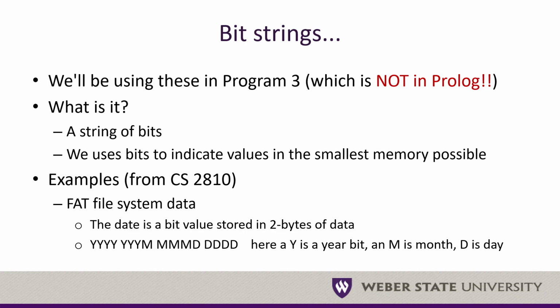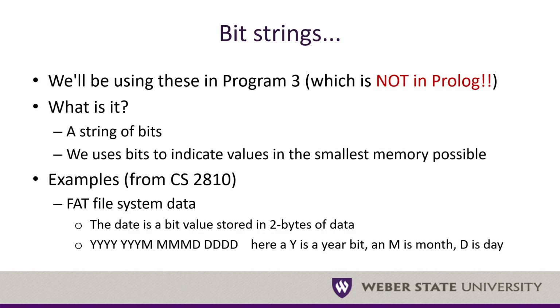Actually, normally what you do, when you're in 2810, is you will get a 16-bit value with a 1, a 1, a 1, a 1, 1, 1, 1, and then all zeros. You will AND them together and then shift it over 9 places so that it is at that point an integer number between 0 and 127, and you will add it to 1980 to come up with the year.